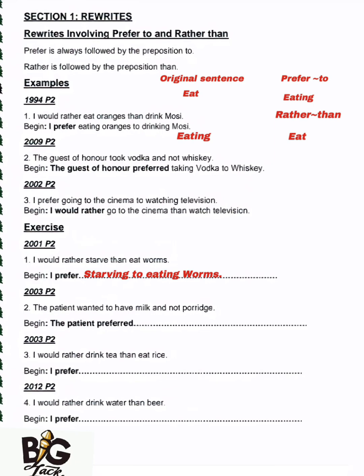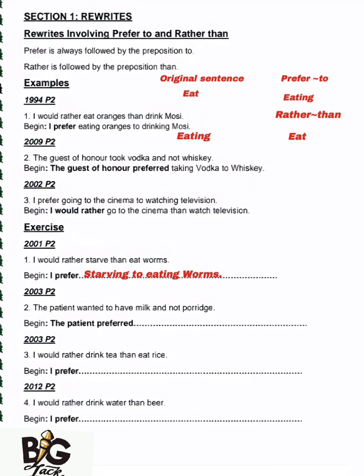Now in the original sentence, which one is the doing word? The doing word is "have." So the word "have" is going to change to "having." So it is going to sound like this: "The patient preferred having milk to porridge."